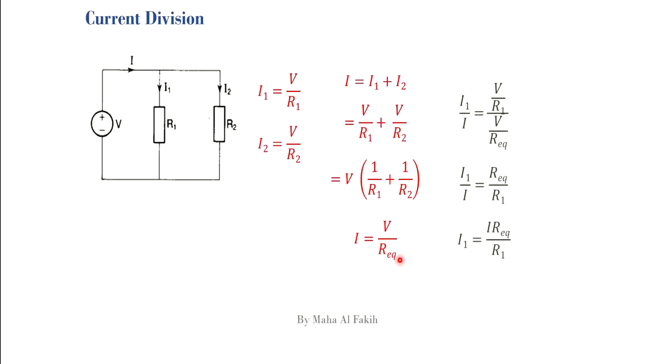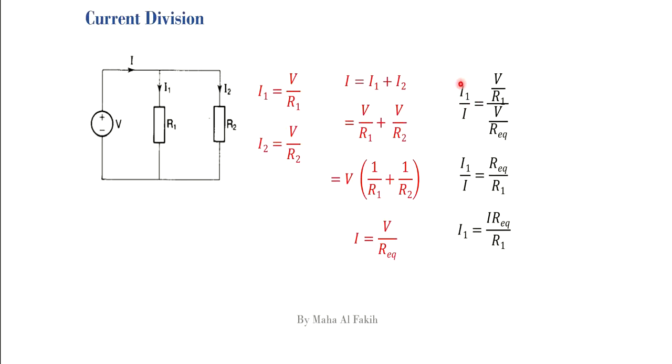Now writing the ratio of the current division rule, we can write the value of the current I1 passing through R1, one of the resistors connected in parallel, over the main current I is equal to V over R1, the value of I1, over V over R equivalent, the value of the main current I. Now to calculate this, we multiply V by R equivalent and divide it by R1 multiplied by V, and thus we obtain the ratio I1 over I is equal to R equivalent over R1, and this is simply the current division rule.